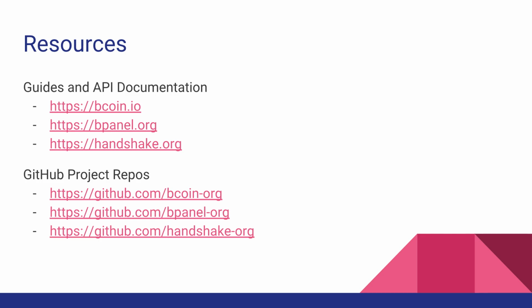So yeah, we have guides like bcoin script guides. One of the cool things about bcoin and HSD in general is it's so modular that you can pull in pieces of bcoin, pieces of Handshake, and do client-side manipulation of things. For example, one very cool idea for bPanel would be a password manager where you use BIP 44, the HD path, to generate deterministic passwords that you can then use elsewhere.